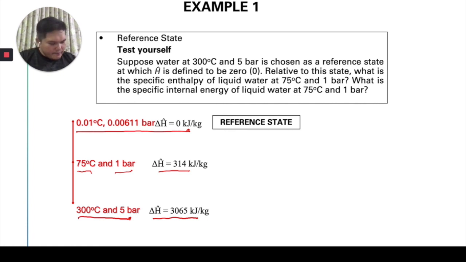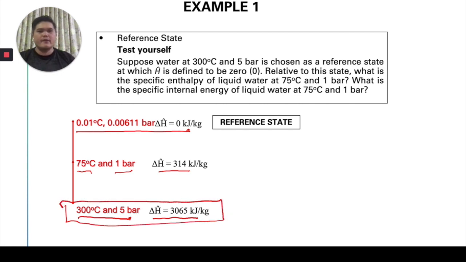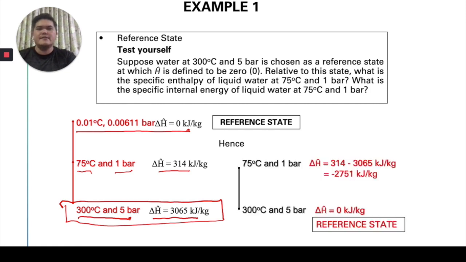But right now, in the question here, this is given as the new reference state. So when this is given as a new reference state, you have to set this value equal to 0. But you know that the initial value of this is 3065 and this is 314.